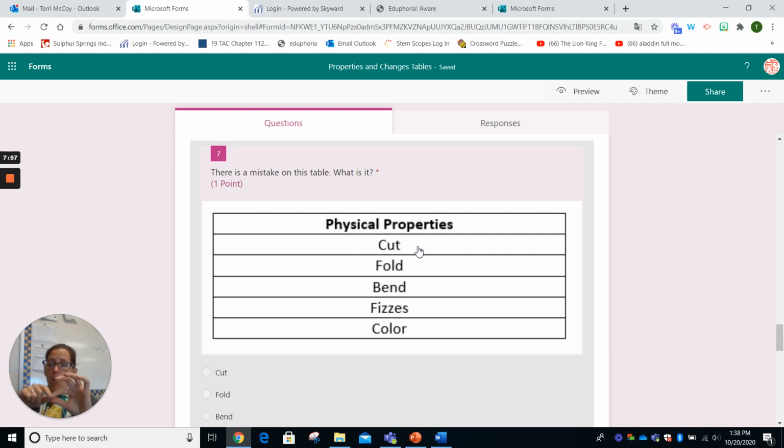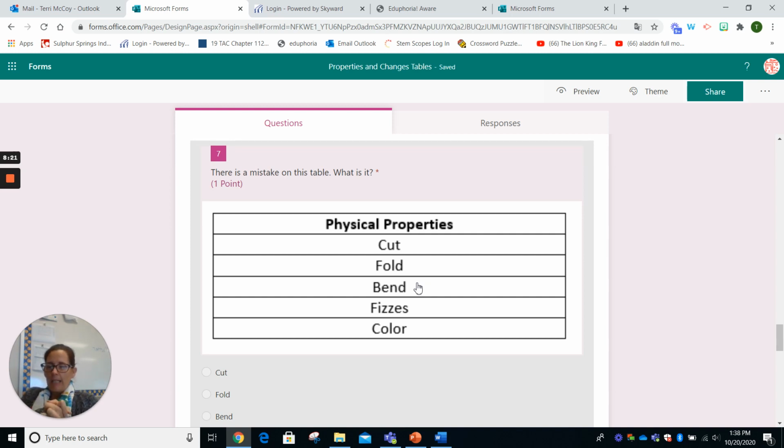Nothing changed. All we did was cut it, right? If we had a piece of paper, we cut it, still have paper, okay? If we folded it, same thing. If we folded that piece of paper, it's still paper, just looks a little bit different. Same idea for bending something. If we had a wire and we bent it, it would still be a wire.